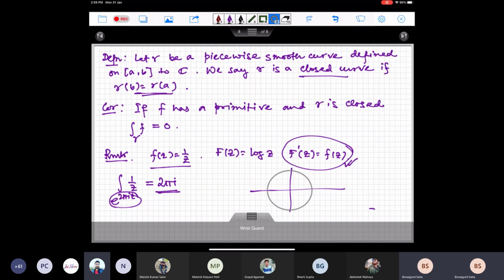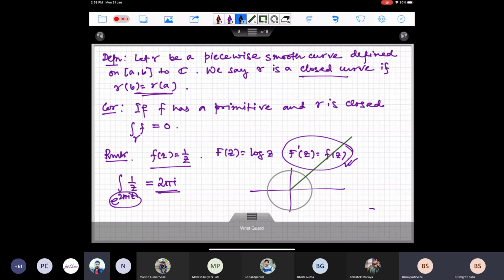So if at all I need to work with log, I have to remove one line. Definitely I have to remove one line. There is no way. I have to really remove one line, and only then can I think of this derivative and all that for the logarithm. Therefore it might appear that the function 1 upon z has a primitive which is log, but still when I am integrating over a closed curve, I am not getting 0.